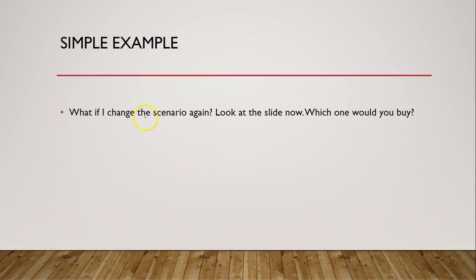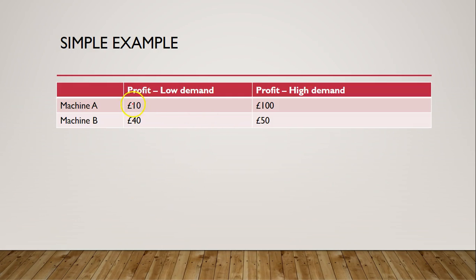Right, I'm just going to change the scenario a little again, just to show you that, to a certain extent, it does depend a lot on the amounts involved. So I've changed everything again. I've knocked off all the zeros, similar figures, and you can see here that the difference isn't so much. So here, you're more likely to go for the machine if you were risk-loving, because you're thinking it's only a £90 drop. Here, it's just a £10 gain.